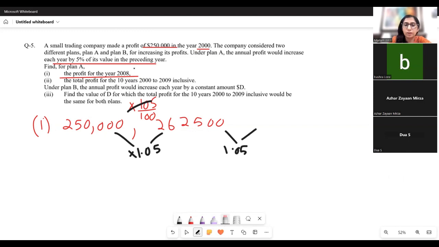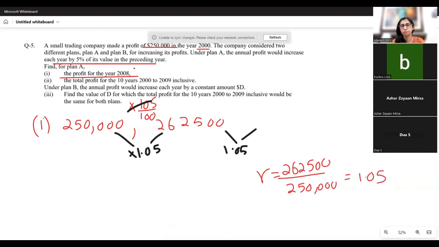Another way, in case you find this difficult, which it's not though, is to find the next term, which is 262500, and then find R from the formula second term over the first term. This will also give you 1.05. Okay.